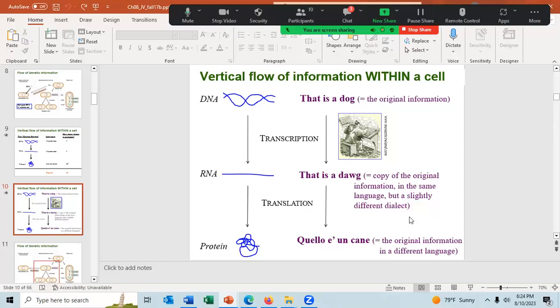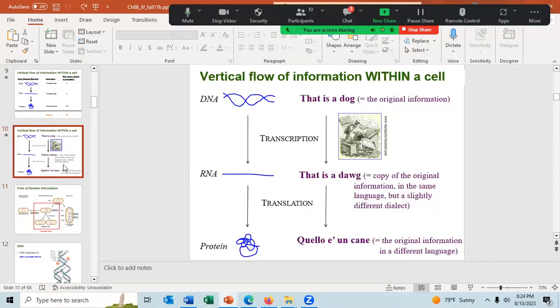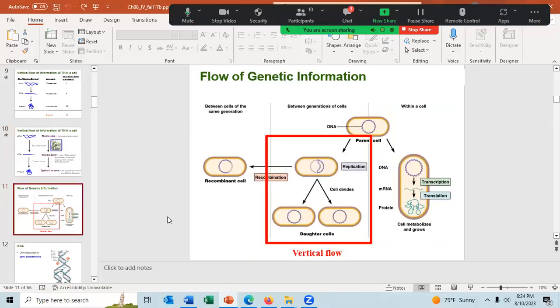Any questions about the vertical flow of information within cells? If not, let's talk about the flow of information between generations of cells, and this is also a vertical flow of information. The information flows from the parent cell to the daughter cell.